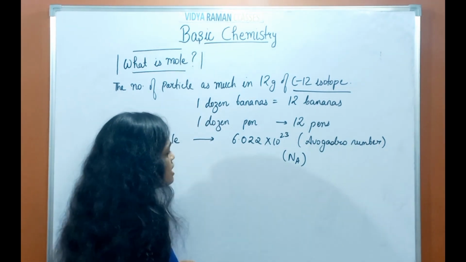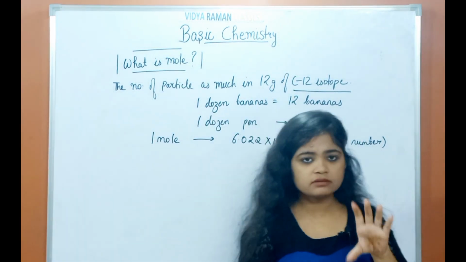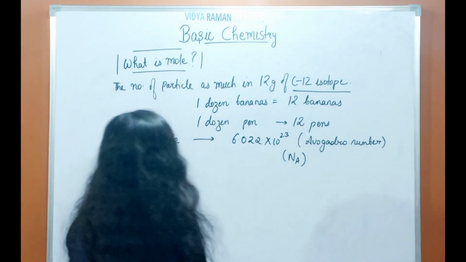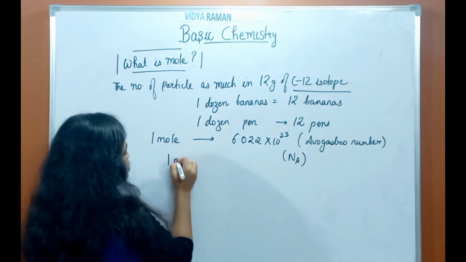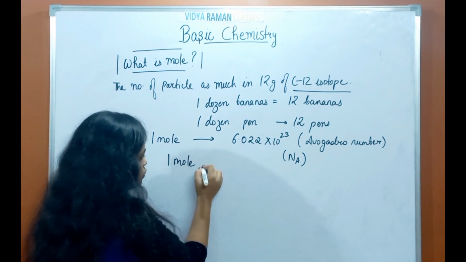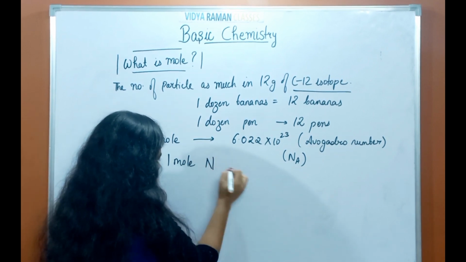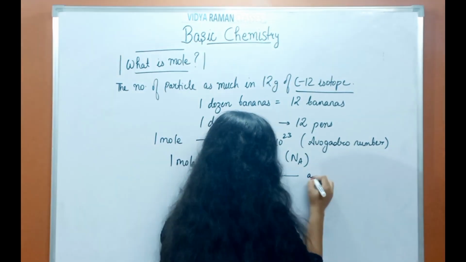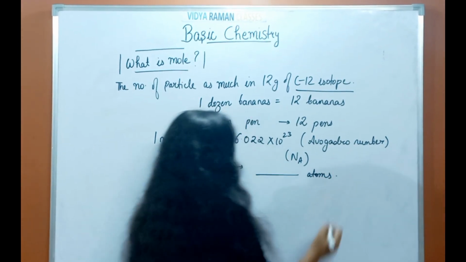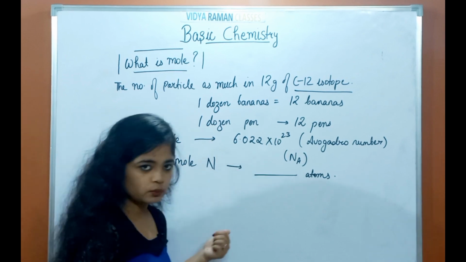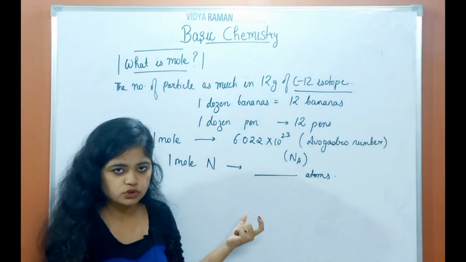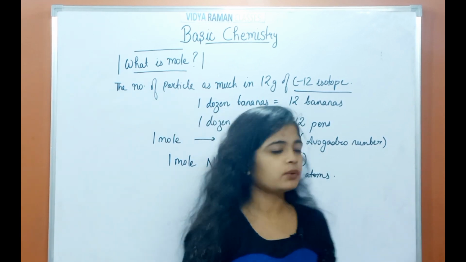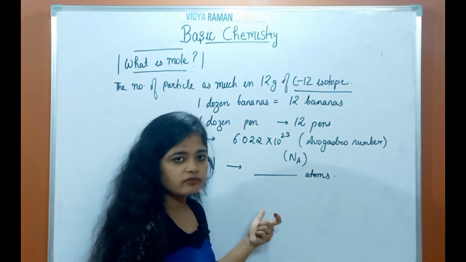Now, it is not like this much only, right? Suppose I am asking you, 1 mole of nitrogen is containing how many nitrogen atoms? I am saying I will give you 1 mole of nitrogen, how many nitrogen atoms will be there?